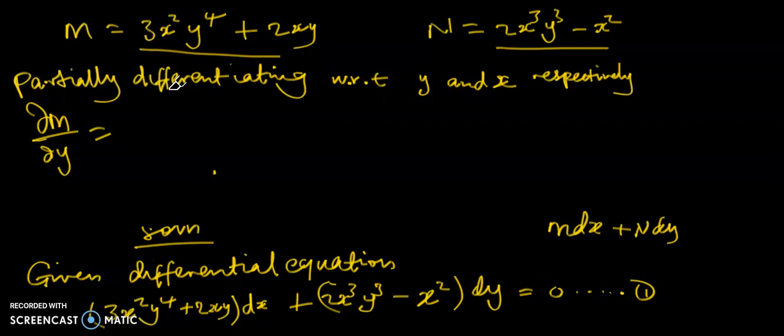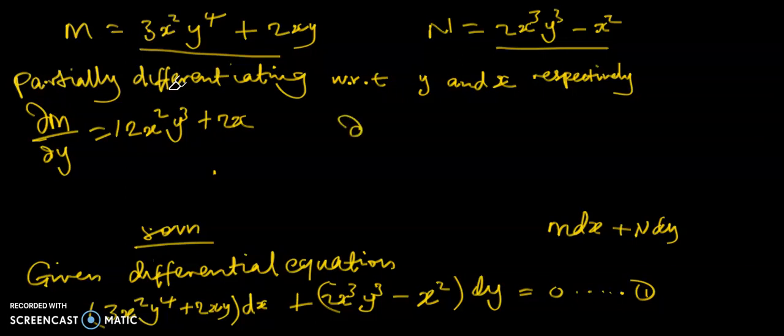This will give us 12x squared y cubed plus 2x. Of course, the derivative of y here will simply be 0. So this is what we have.